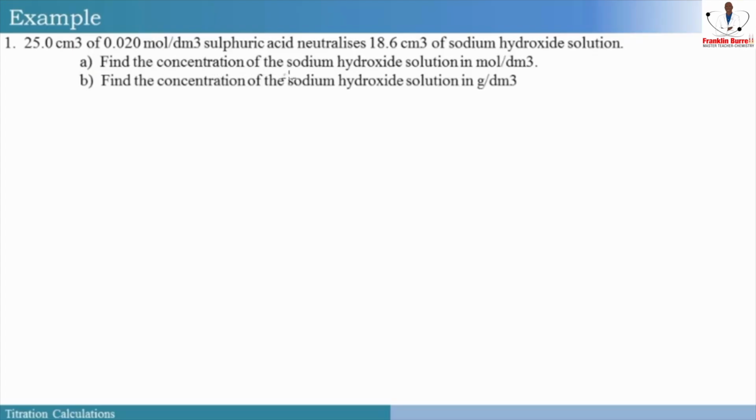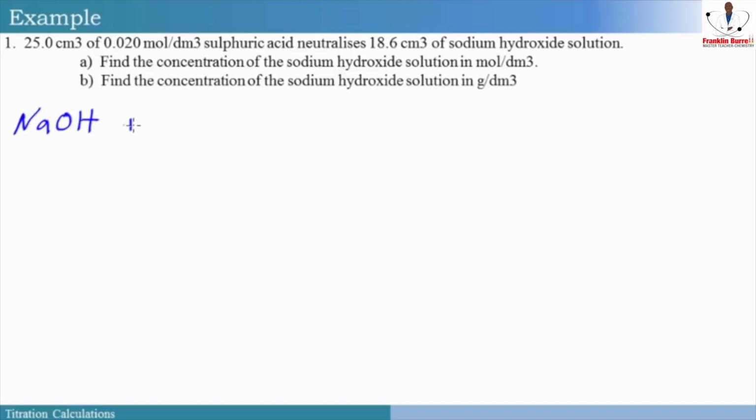Find the concentration of sodium hydroxide solution in moles per dm cube, as well as finding the concentration of sodium hydroxide in grams per dm cube. So they're simply asking us to find the molar concentration and the mass concentration. Now there are some simple steps to follow. The first thing we must do is to write an equation and establish mole ratio.